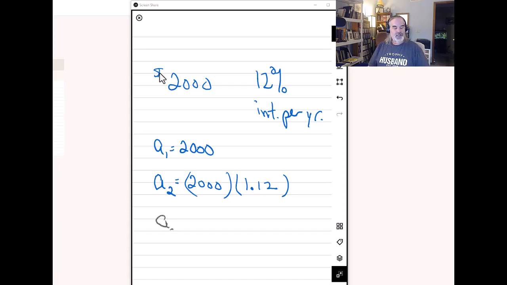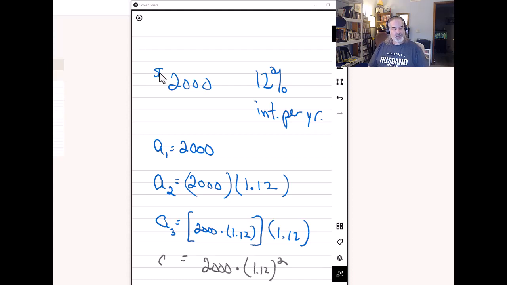Well, how about a year later? The value that our account is now is that 2,000 times 1.12, but now we're at the end of another year, so we're going to hit it with interest again and multiply it by another 1.12. And this simplifies to 2,000 times 1.12 squared. And remember, that was A3.